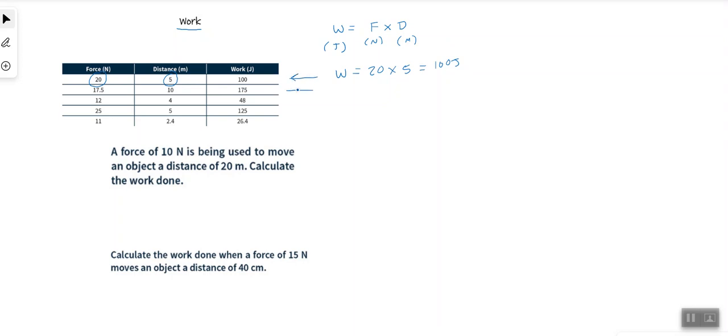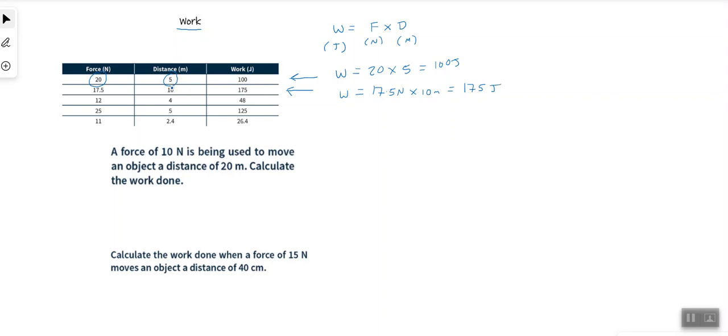So the next one then, I'm just going to do one or two of these. We have a force of 17.5. So work is going to be equal to 17.5 newtons multiplied by the distance, which is 10 meters, and that's going to be equal to 175 joules of work.